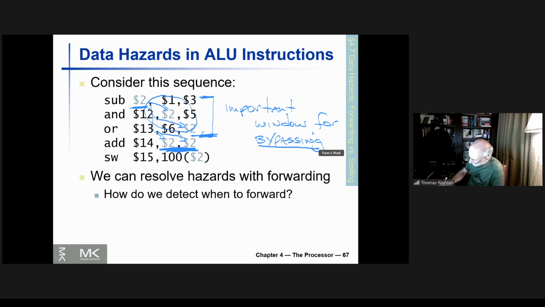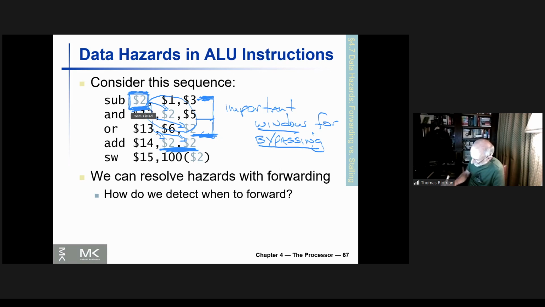So again, this is the window for bypassing. It starts with seeing that we have 2 here as the destination, and then we have to look at the next 2 instructions and see if that 2 gets used anywhere in those next 2 instructions. So that's the rule. Look at a destination.